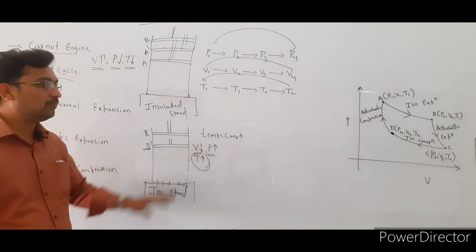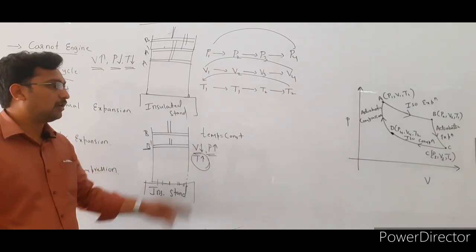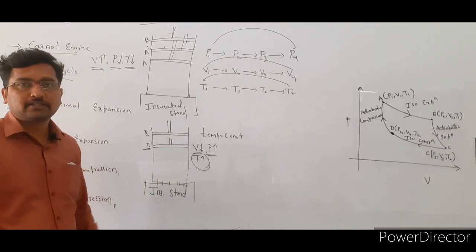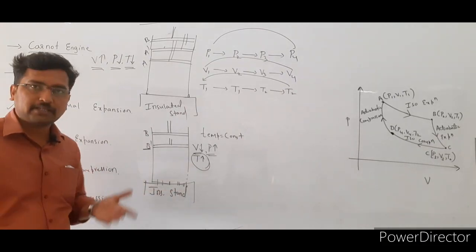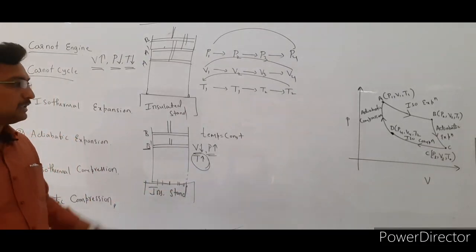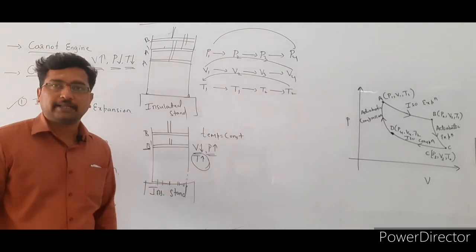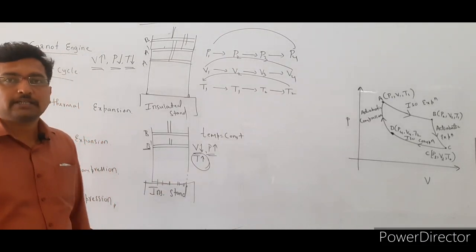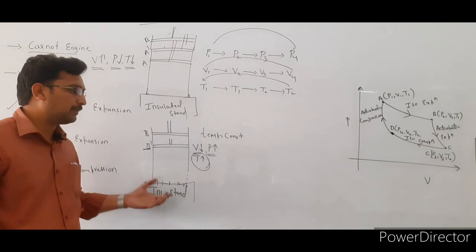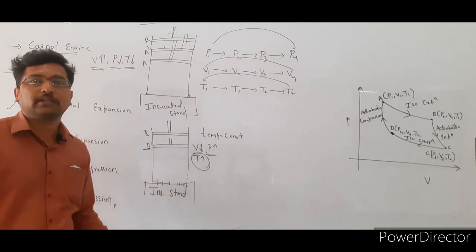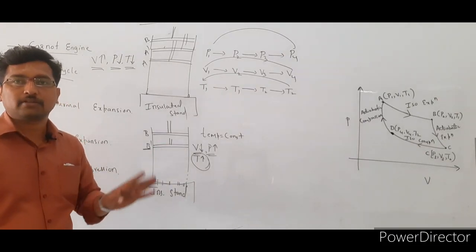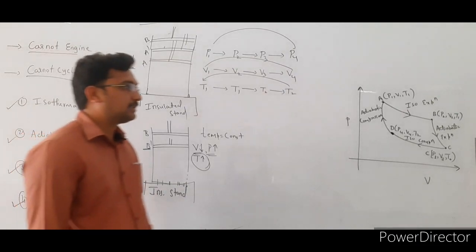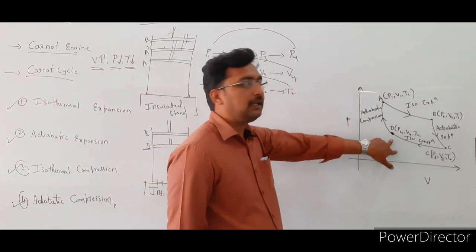The volume decreases, so pressure increases, and if the pressure increases the temperature would also increase. But this is isothermal compression, so to maintain a constant temperature, the sink absorbs the rejected heat energy from the cylinder. This state is represented by D.